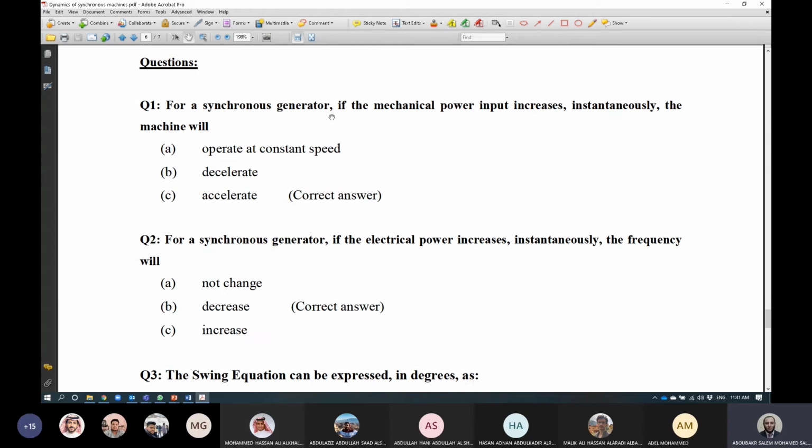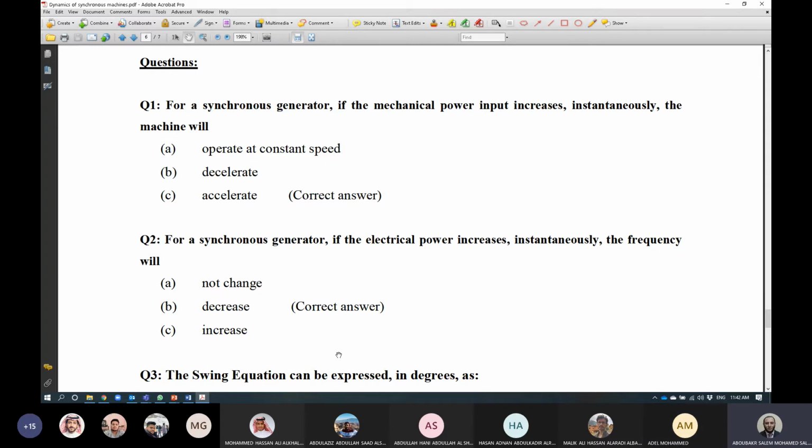For a synchronous generator, if the mechanical power input increases instantaneously, what will happen, guys? Will it operate at constant speed, or will it decelerate, or will it accelerate? Of course, if the machine mechanical power increases, this means Pm minus Pe will be positive, which means d squared delta by dt squared will be positive as well, which means the speed has to increase, or accelerate. Right or wrong? Okay, guys? Is it clear?